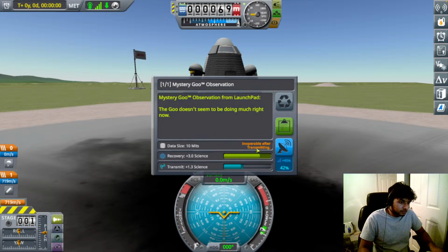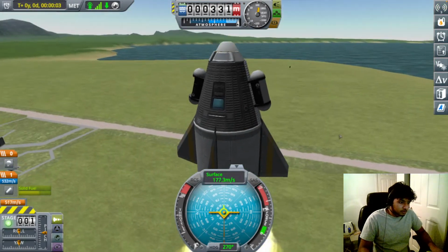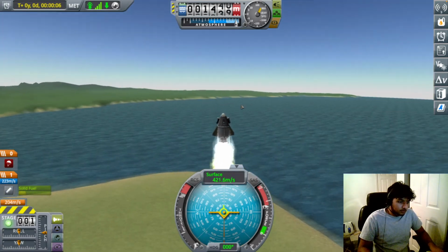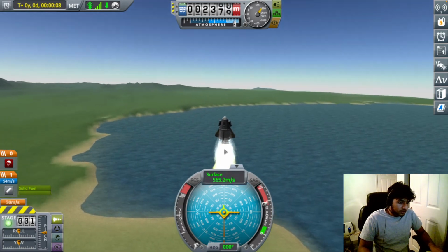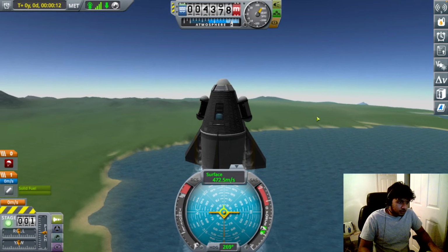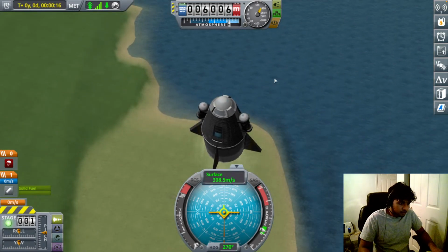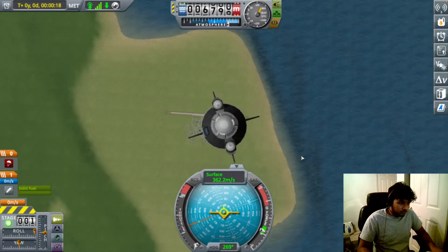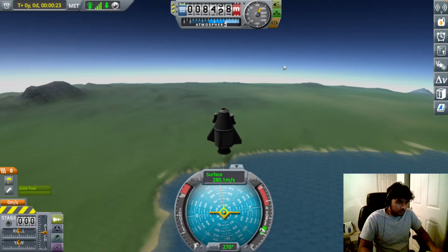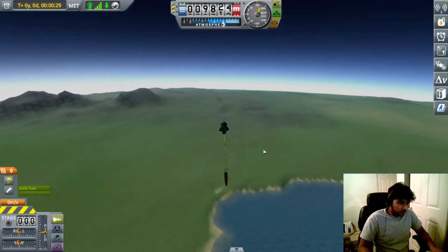Observe mystery goo. Keep experiment. The nav ball goes away.